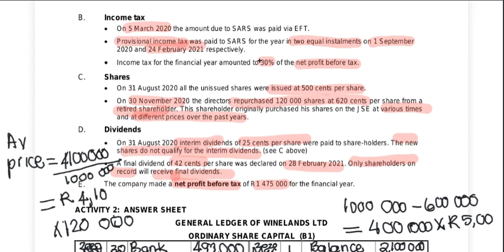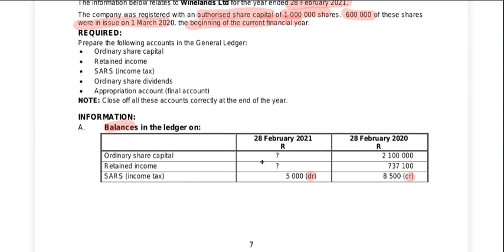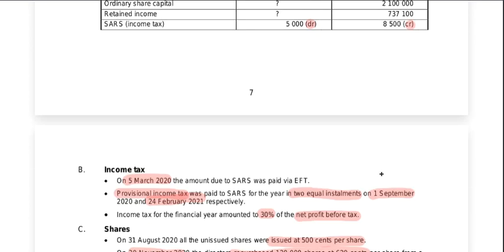So retained income, what you're going to do right now is put in your opening balance, which is 737,100.